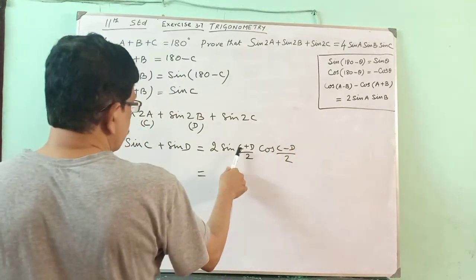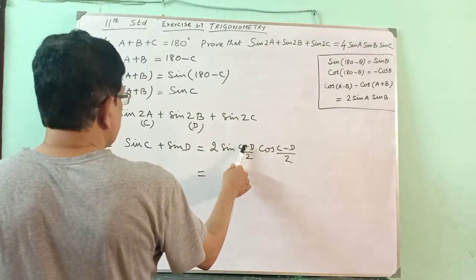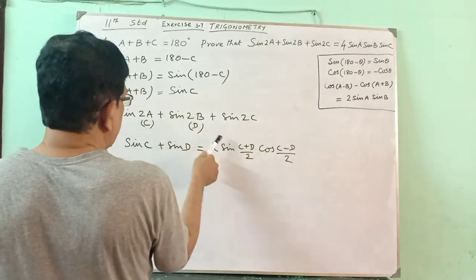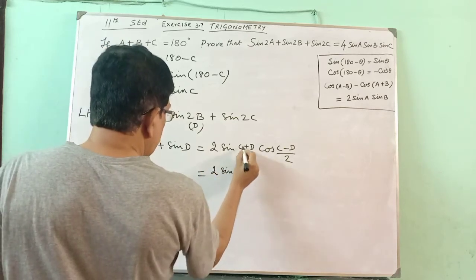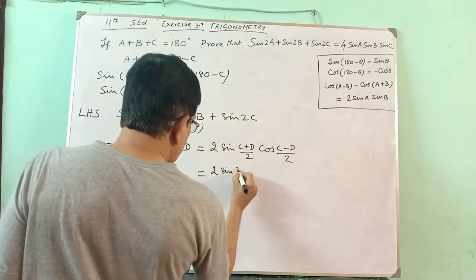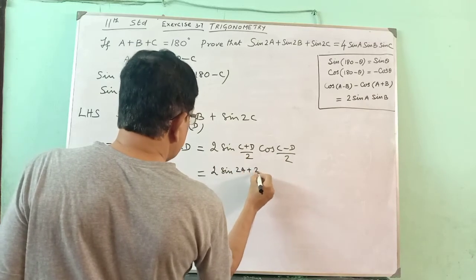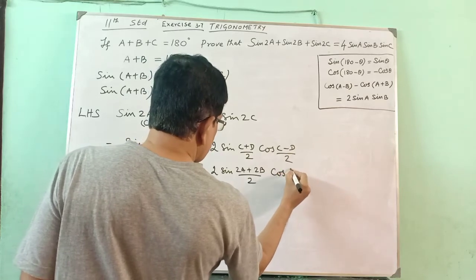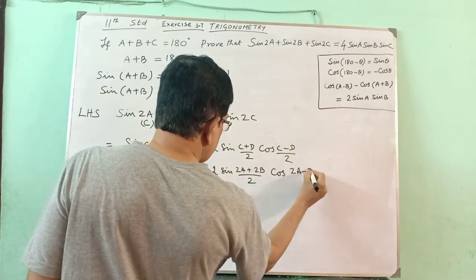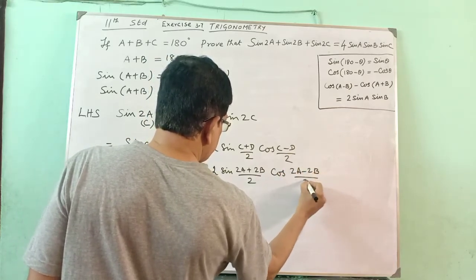Now we substitute C and D. C value is 2A, D value is 2B. So 2 sin((2A plus 2B) by 2) cos((2A minus 2B) by 2).